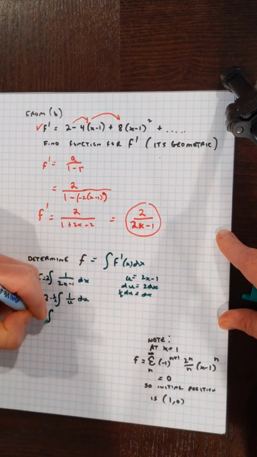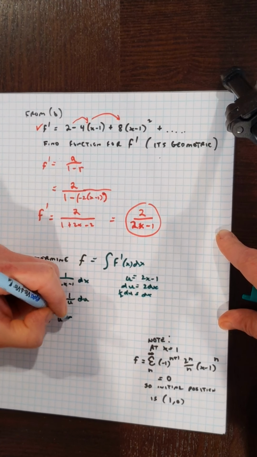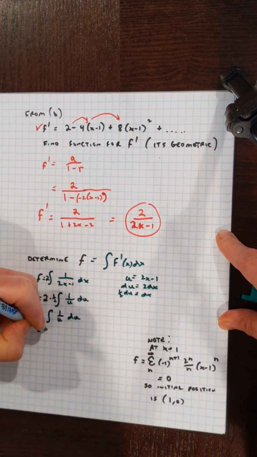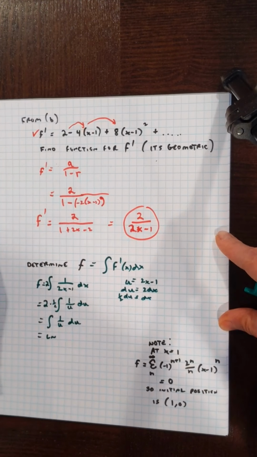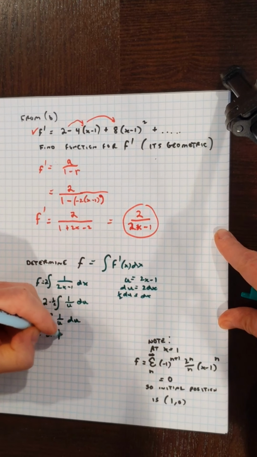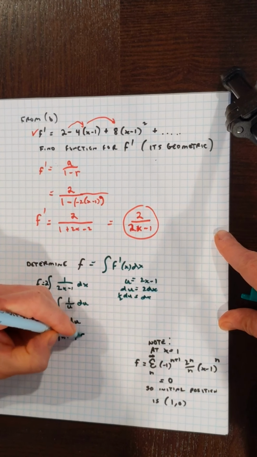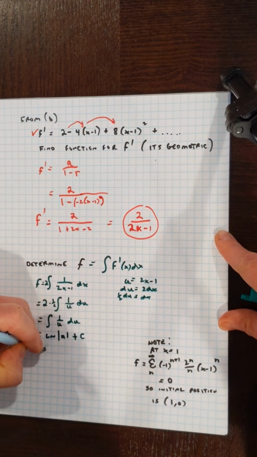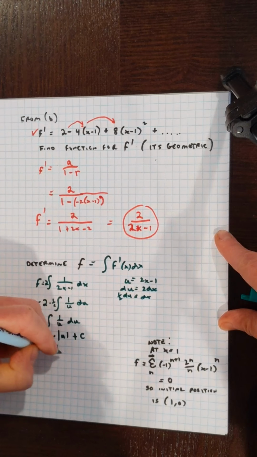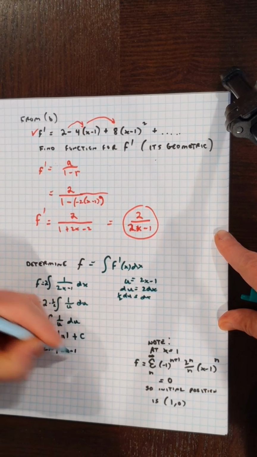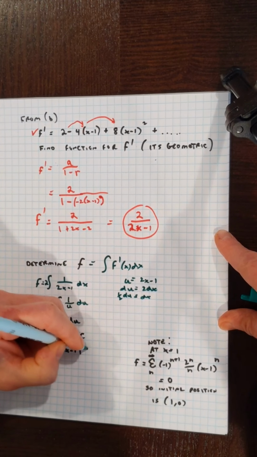That leaves me the integration of 1 over u du, which is ln absolute value of u plus c, which equals ln absolute value of 2x minus 1 plus c.